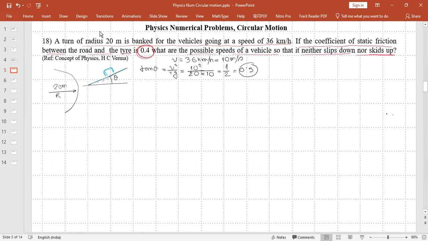And the horizontal component of the reaction force provides the centripetal force. Right? And there is always a frictional force. Frictional force also will have two components, horizontal and vertical, because the road is inclined to the horizontal.